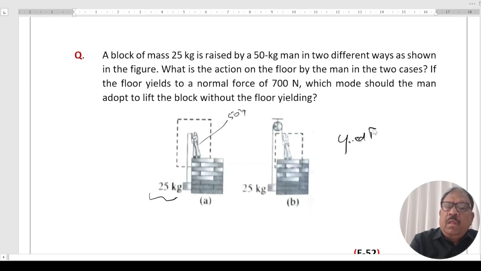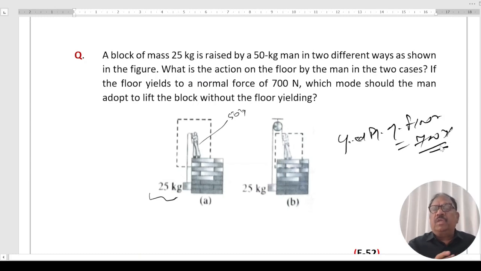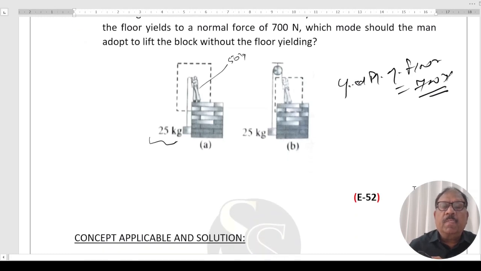The floor limit is 700 Newton. Means in which case the force is less than 700 Newton, that will be favorable, right? Now, two cases are there.